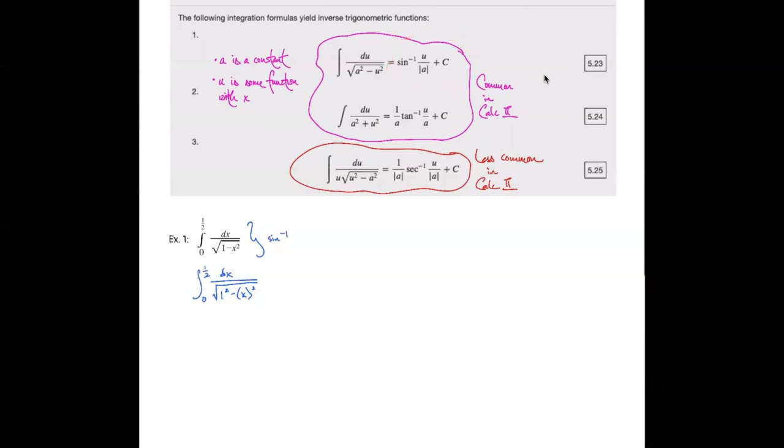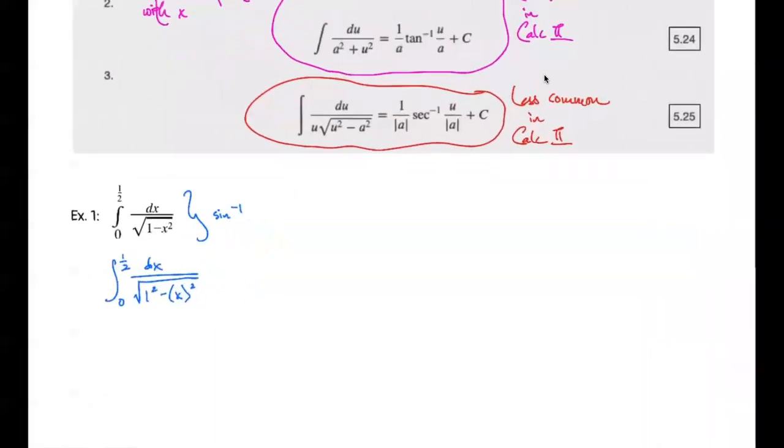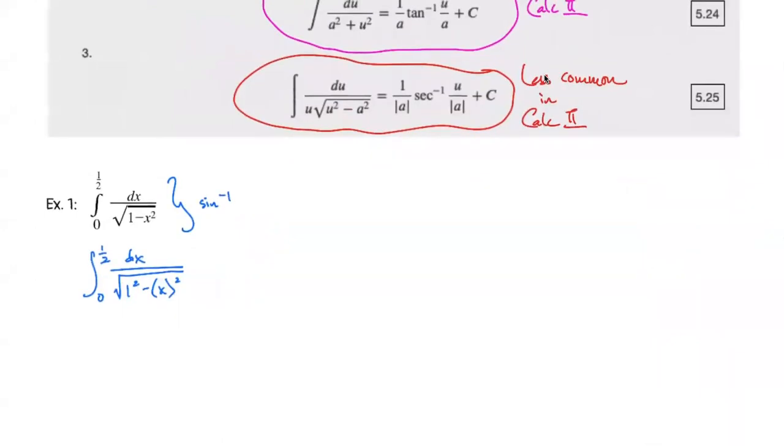Okay. So yes, the formula is useful, but we really have to identify what our u and our a are very carefully. In this case, we might say that u equals, let's start with the a, our a equals 1, our u equals x, and this means that our integral is going to be our inverse sine of u over a, the absolute value of 1.